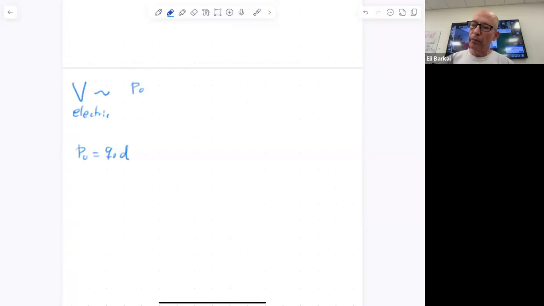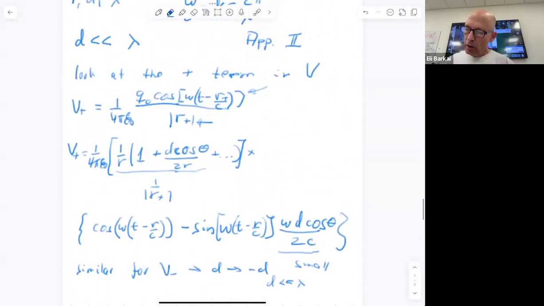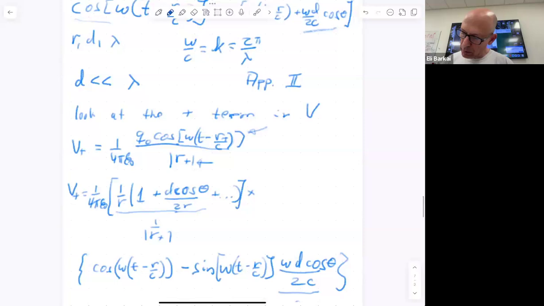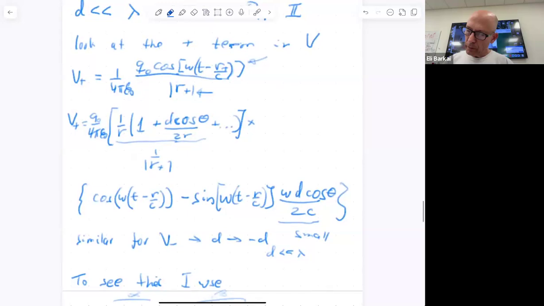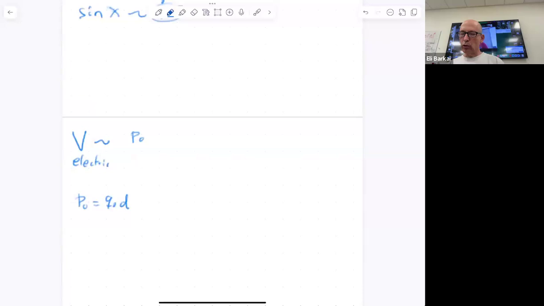It simply comes from the charge in front. So P0 is Q0 times d. This is what I called before the amplitude of the dipole moment. d is the distance between these two charges. Q is the charge. So this is obviously a dipole moment multiplied by cosine theta.